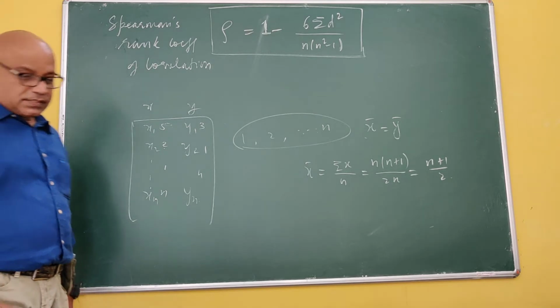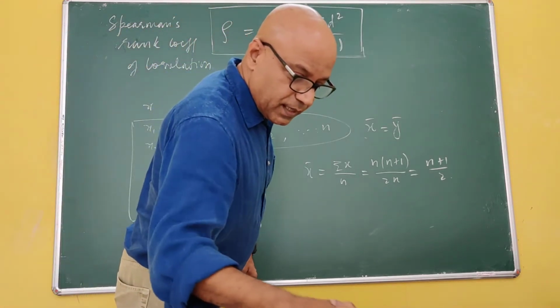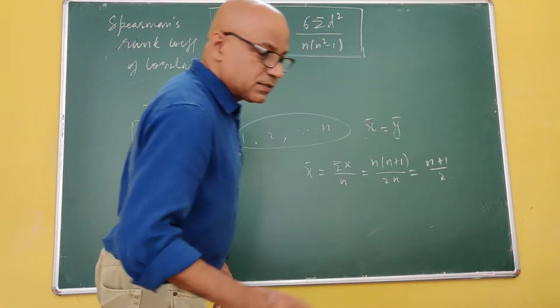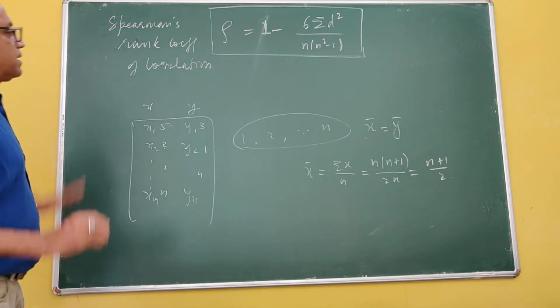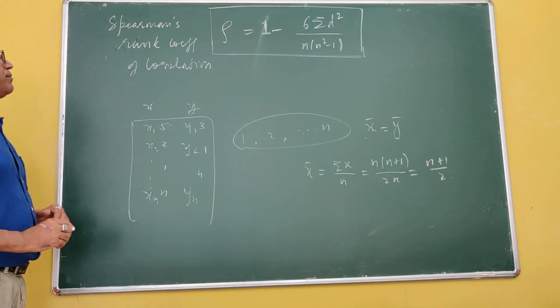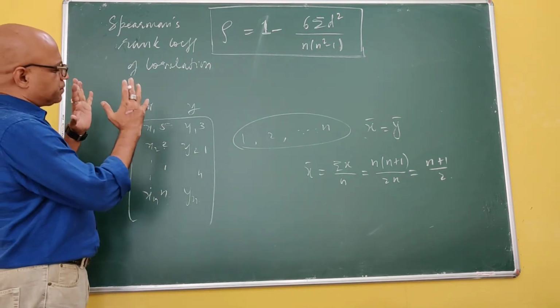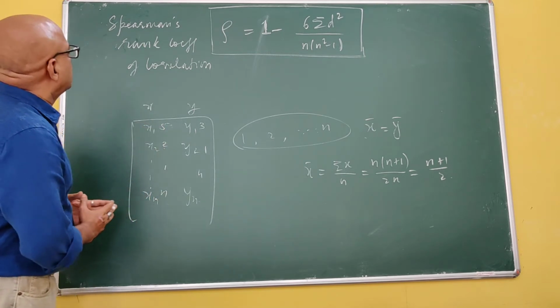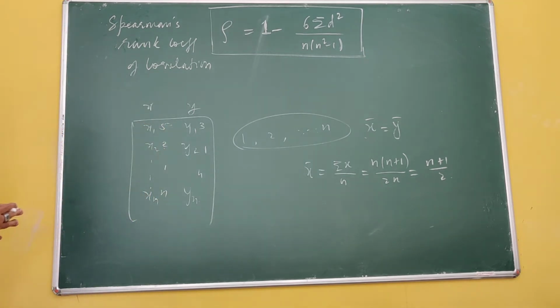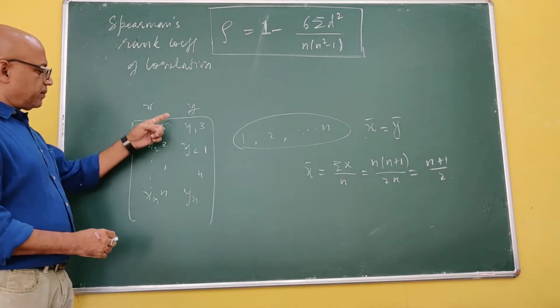So let me just repeat that. What are we doing now? We have done Karl Pearson's correlation coefficient. Now we are taking a special correlation coefficient called the rank correlation coefficient, when these values happen to be ranks.